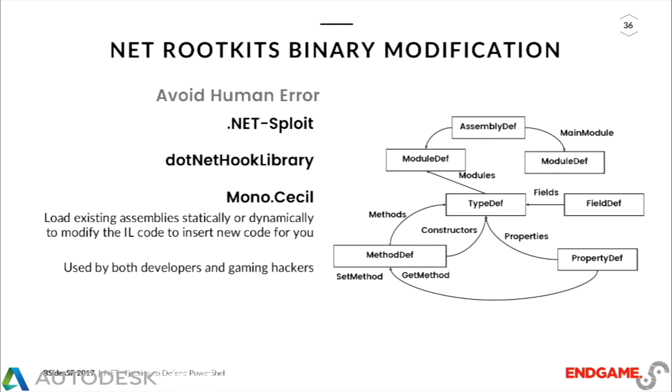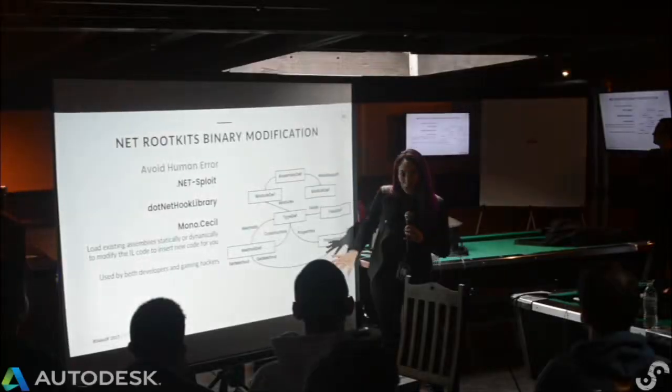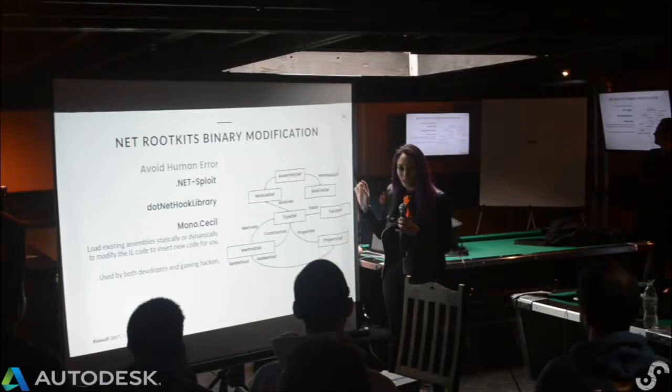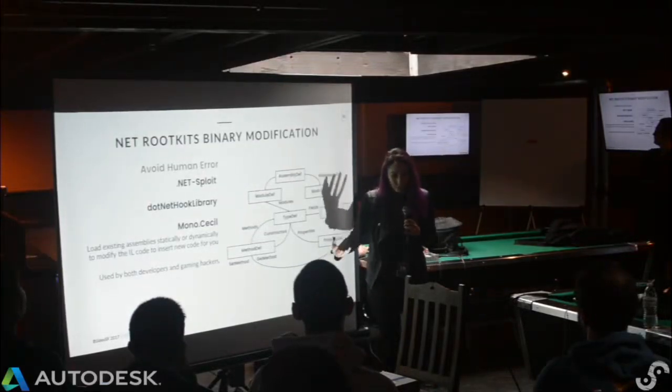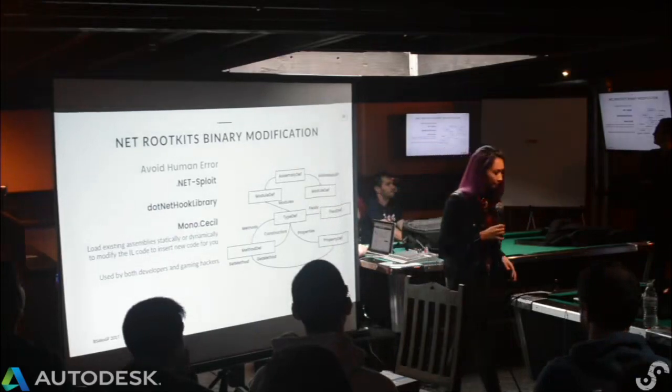So there's the .NET hook library, and Mono.Cecil, which is the more common one that I've seen, and I've actually used it myself. You can statically or dynamically modify the IL code, recompile everything, and push it to the target process. So this is all the crap that you'll have to go through in order to get your assembly into the same working memory of the host process.